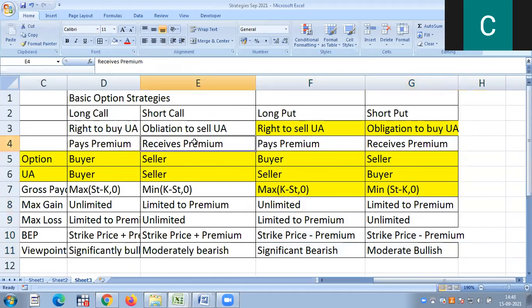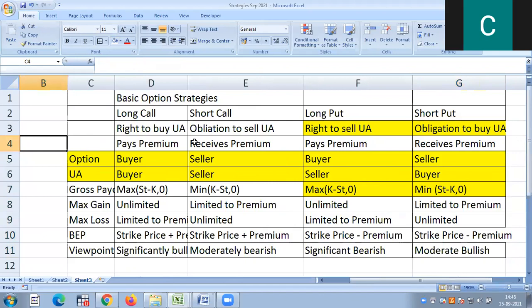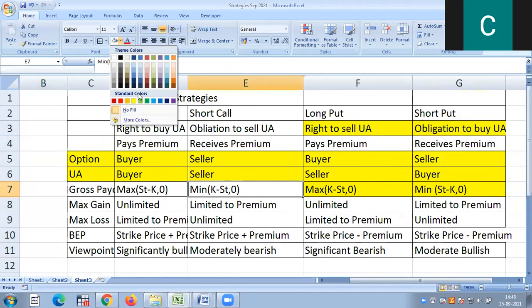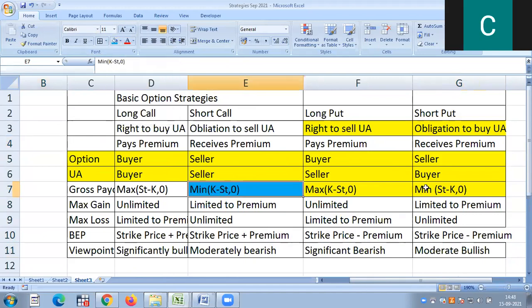Because he sold his option, his payoff will always be minimum. Payoff for short call as well as short put is always minimum.